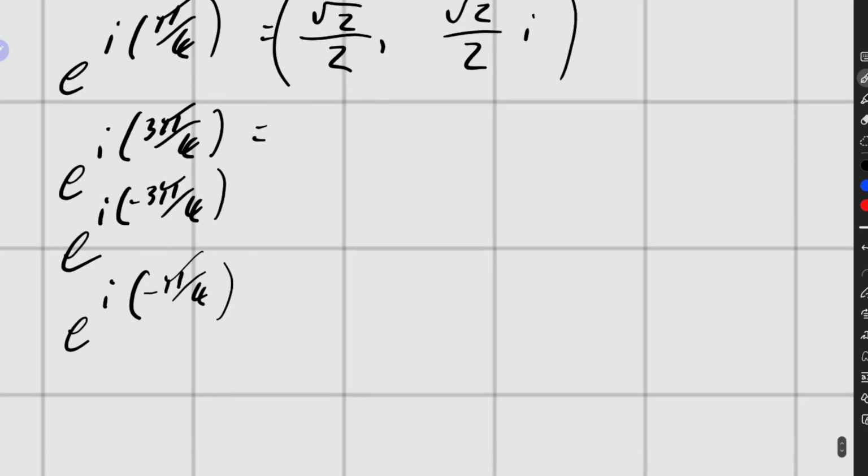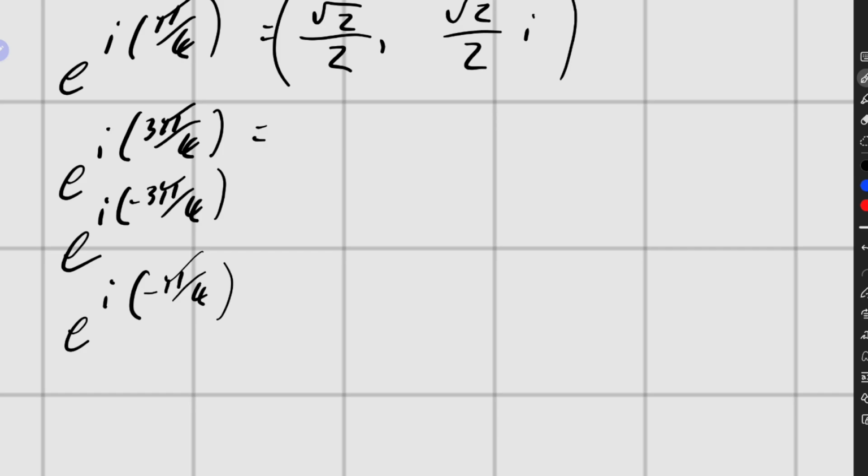Next up, 3π on 4 is just going to be 1 times cos of 3π divided by 4, which will equal x, and then 1 times sine of 3π on 4 will equal y. So feel free to type this out yourself.